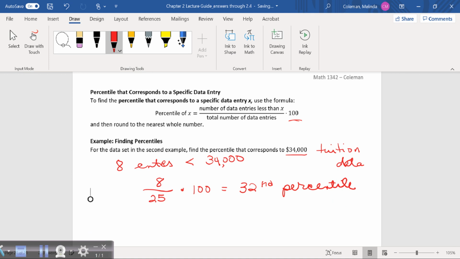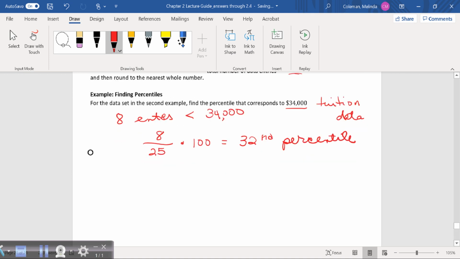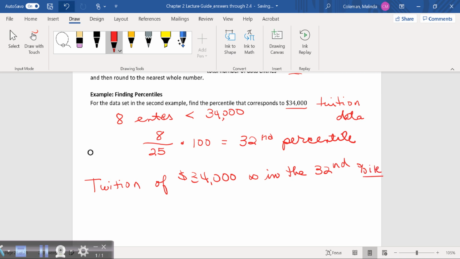So the conclusion then says that tuition of, here's my $34,000 tuition, is in the 32nd percentile, kind of abbreviating there.